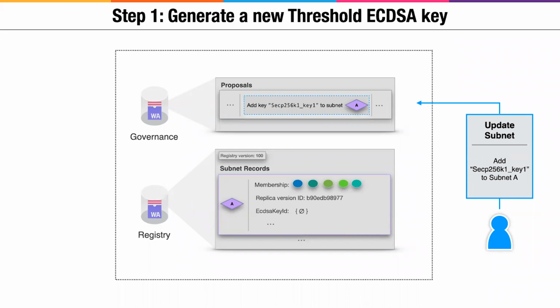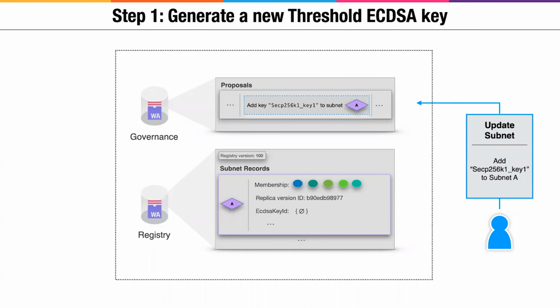As Dieter already mentioned, this is initiated by a proposal. Specifically, this is going to be an update subnet proposal, and this type of proposal updates the content of the subnet records on the registry. Just as a reminder, the registry is a key-value store. It contains all information that is necessary to operate the Internet Computer Protocol, and specifically the subnet records contain all parameters that are used by the subnet to operate.